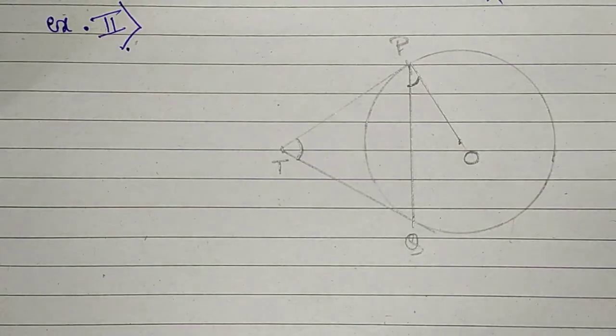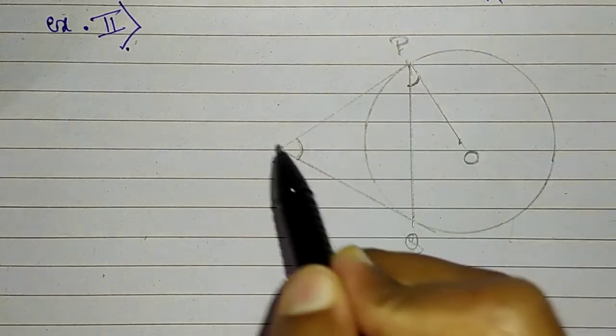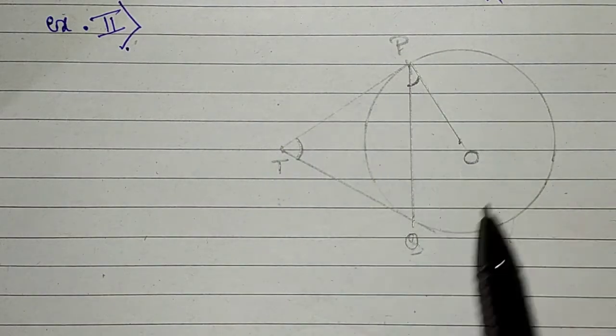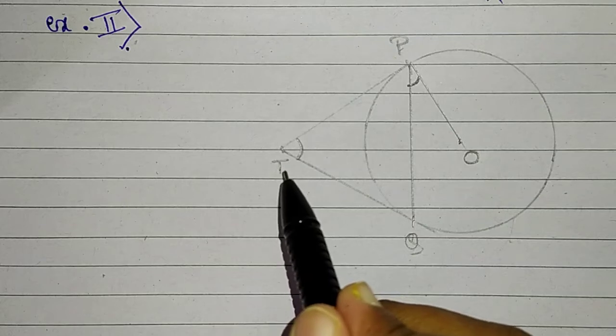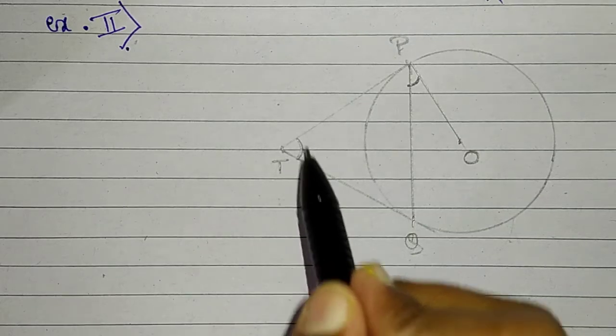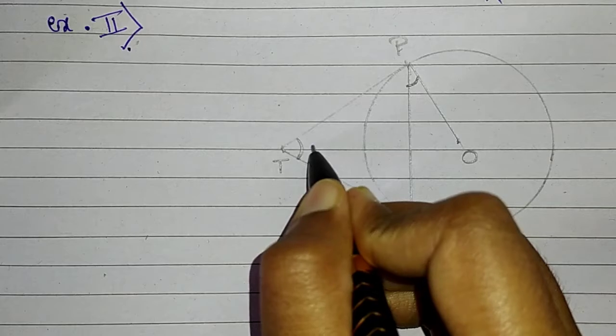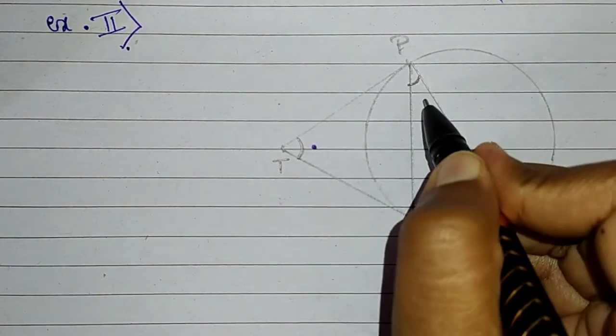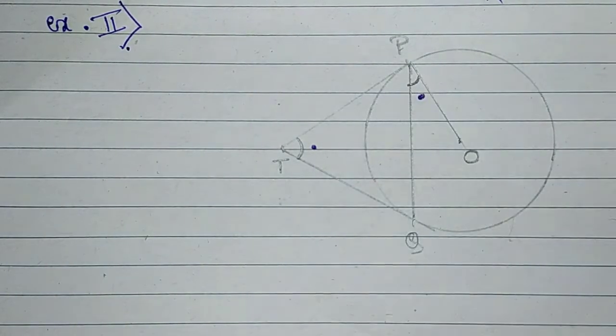In the second example of your textbook, two tangents TP and TQ are drawn to a circle with center O from an external point T. Prove that angle PTQ is 2 times angle OPQ.